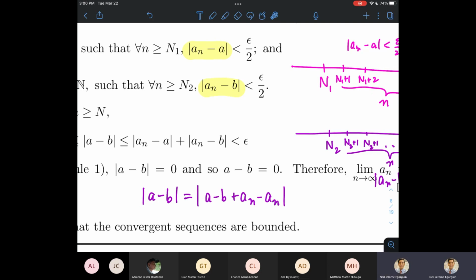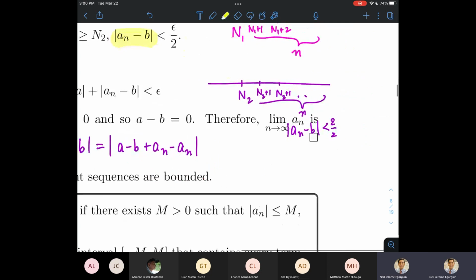And then here, I'll just need to rearrange some terms, okay? Para masulat ko to as absolute value ng A minus AN minus quantity B minus AN. All right? So, ni-rearrange ko lang sila.